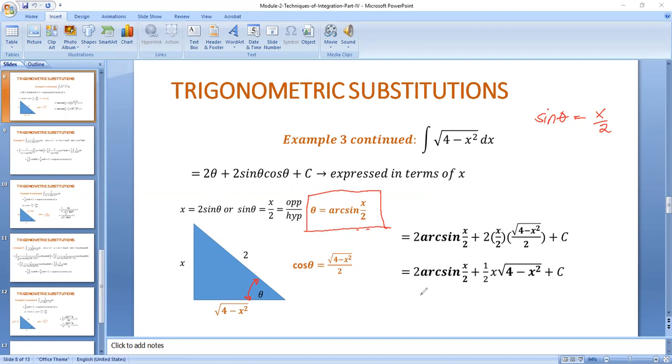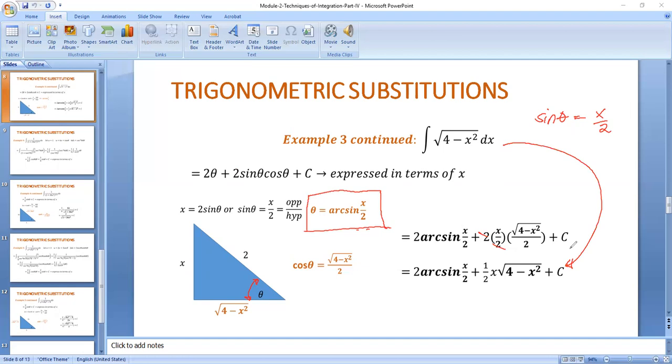Again, we don't have much to simplify here, but in here we have the cancellation of the 2. So you have this x and this 2 here. So that's 1/2 x square root of 4 minus x squared plus c. So the answer of this integral is this, using trigonometric substitution.